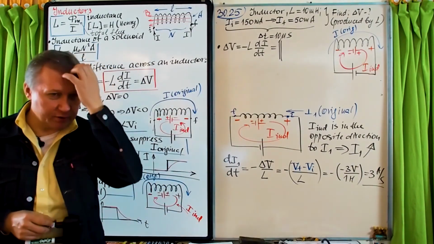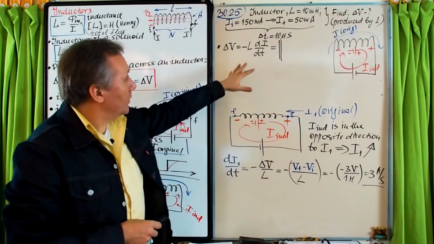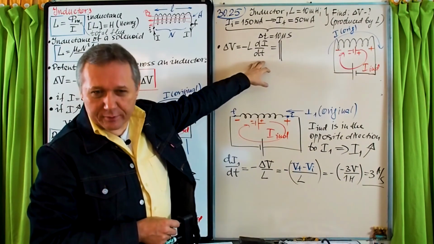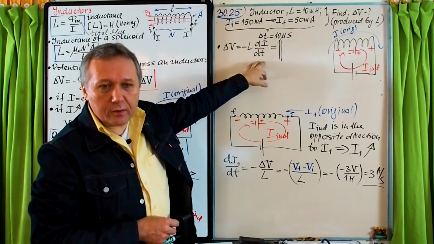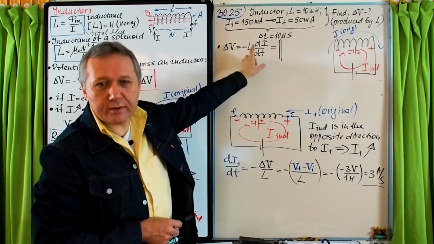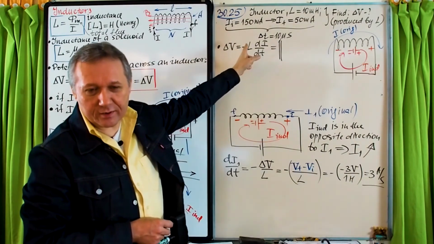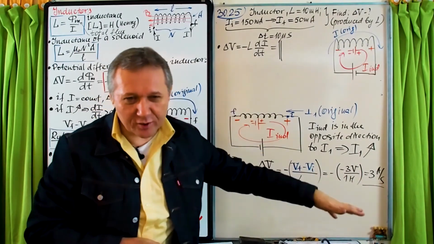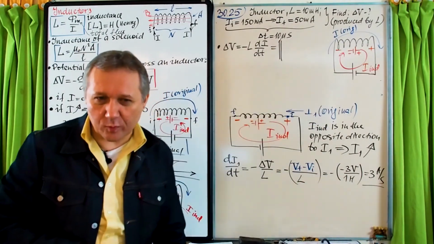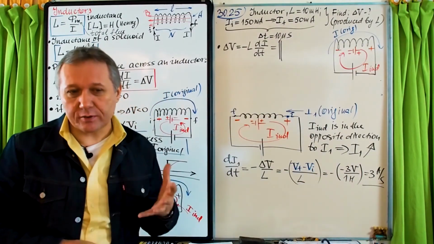One piece of information is missing. We have di over dt, basically derivative of current with time, right? And we don't know how this current changes in time. Is it changing linearly, or maybe exponentially, or maybe somehow else, a complicated way? That piece of information is not given.